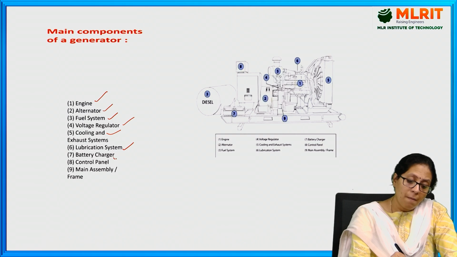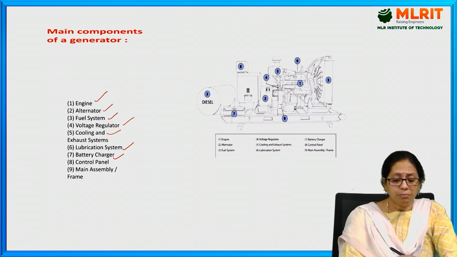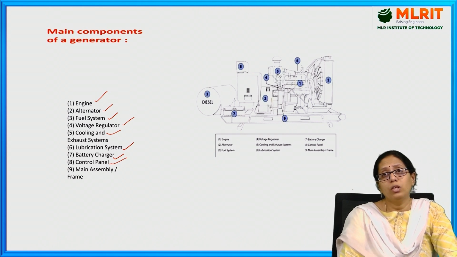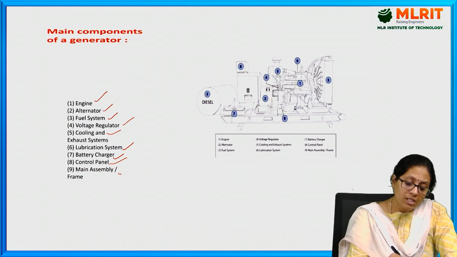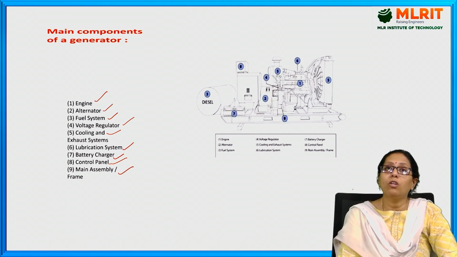The next one is the battery charger, in order to store the energy. The next one is the control panel, in order to control it, that is, on and off. The next one is the main assembly or the frame on which this diesel generator is mounted.